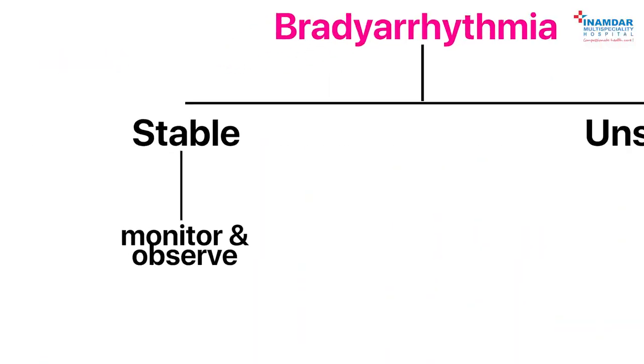If any one of these five is present, then we call it unstable bradycardia, and if not, the patient is stable. Let's look at the stable patient first. For example, if a patient comes with a heart rate of 45 per minute, but his blood pressure is normal, he is conscious, well oriented, and has no signs of shock or heart failure, then this is stable bradycardia, where you just monitor and observe.